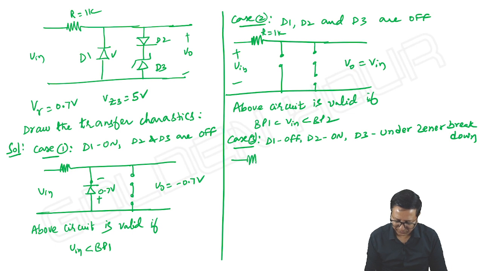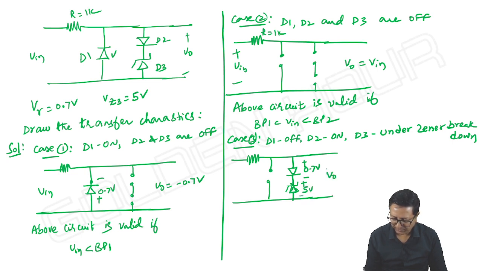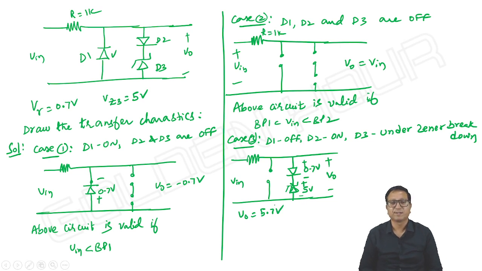So what is the equivalent circuit? It is 0.7 from anode to cathode, and it is 5 volts from cathode to anode. Ultimately, what is the output? V output is equal to 5.7 volts.